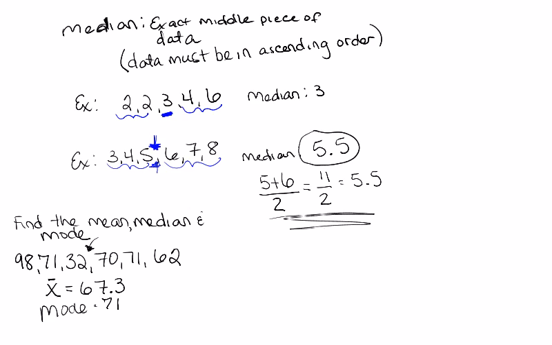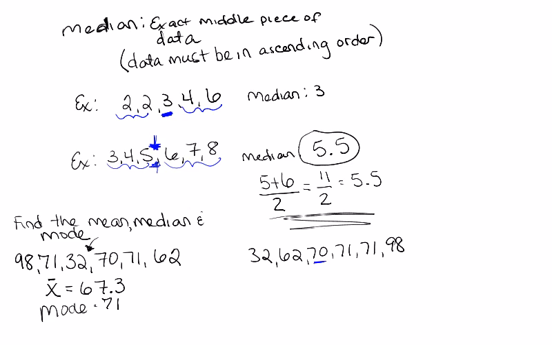When we look at this data set, I know that you see 6 data values, and you know that the median is going to be halfway between these 2 middle ones, but we can't just go halfway between 32 and 70. We have to remember to put our list in ascending order. So I'm just going to quickly rewrite this list, and when I do, now I can accurately identify the median.